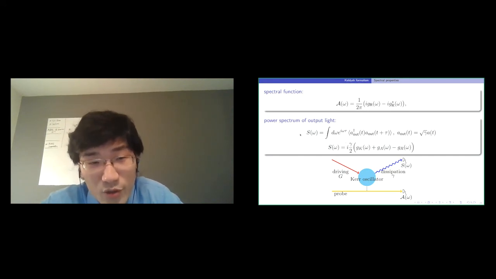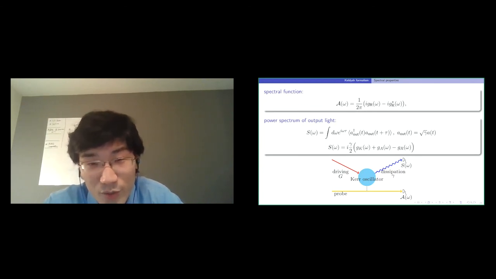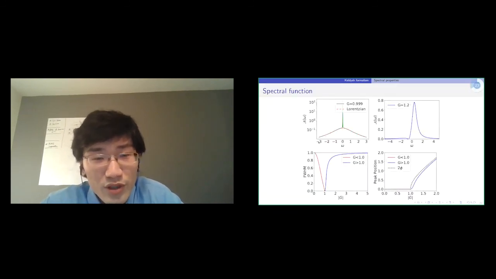So now we can write down this power spectrum in terms of the Green's functions. As we have seen, all the Green's functions can be calculated analytically because it's a Gaussian theory in the thermodynamic limit. Here I show some results.